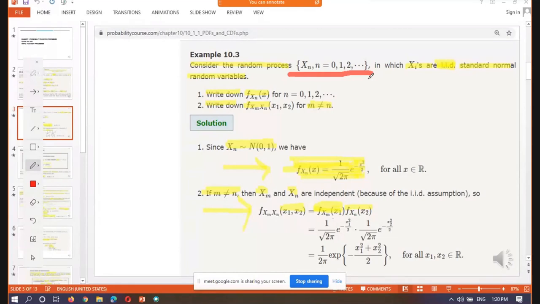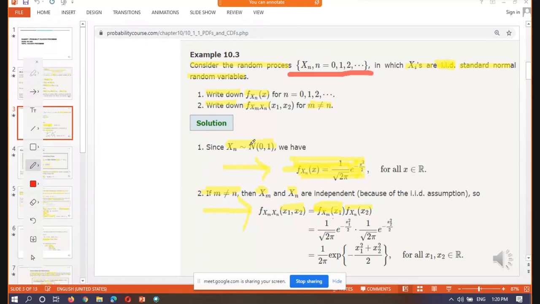Independent means if you take any Xi and Xj, then Xi and Xj are independent. It means covariance of Xi and Xj, when j is not equal to i, is 0. And identically distributed means all the Xi's, where i goes from 0 up to infinity, follow the same distribution. In particular, in this example, they follow the standard normal distribution.